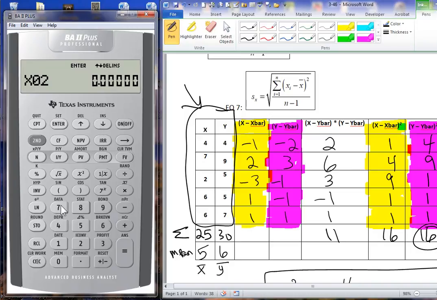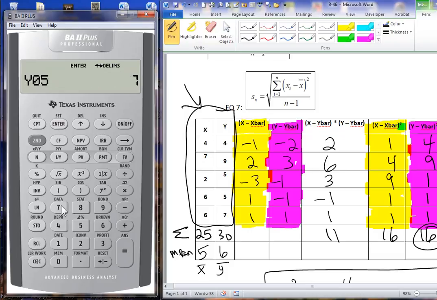X2 is 7, enter, arrow down. 9, enter, arrow down. 2, enter, arrow down. 5, enter, arrow down. 6, enter, arrow down. 5, enter, arrow down. 6, enter, arrow down.